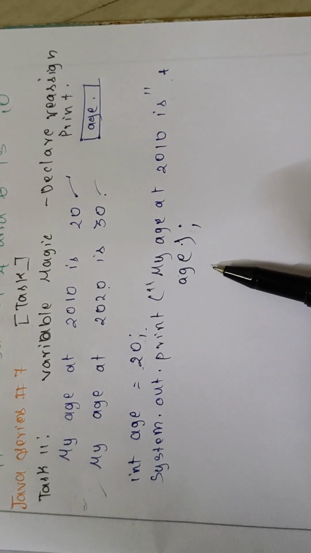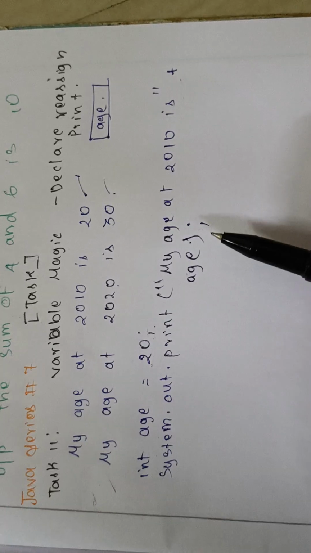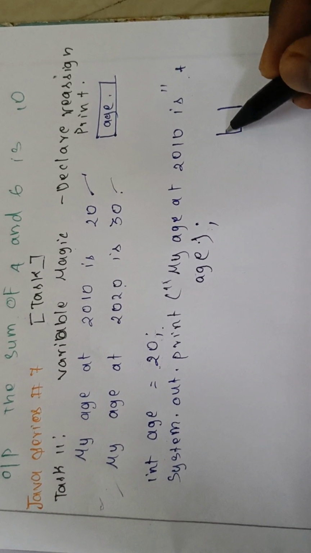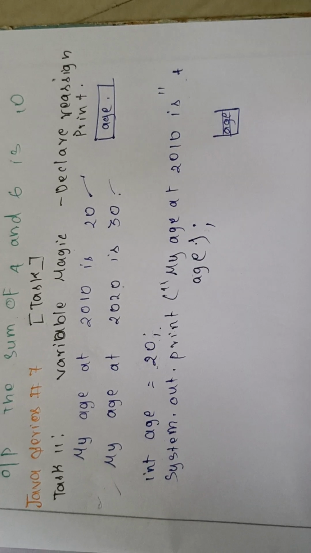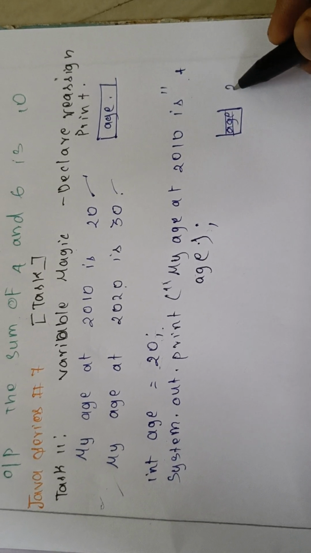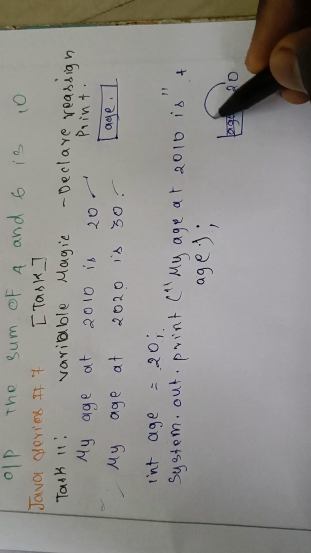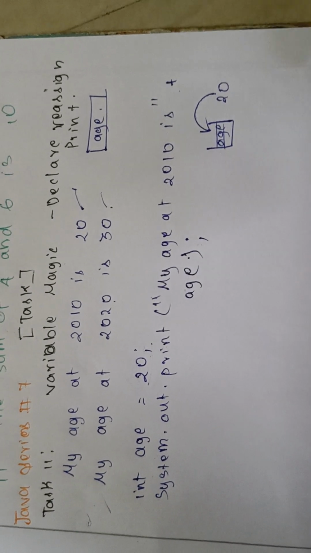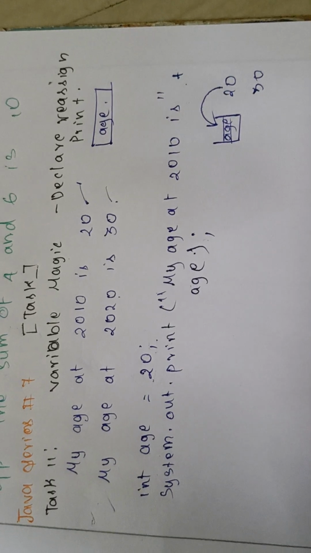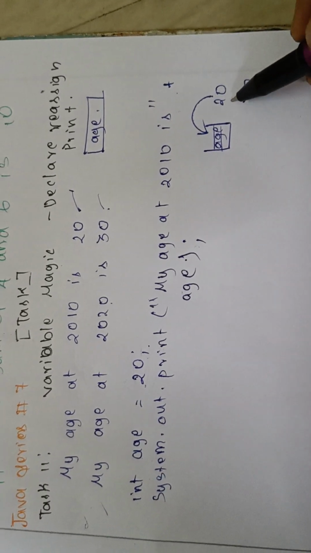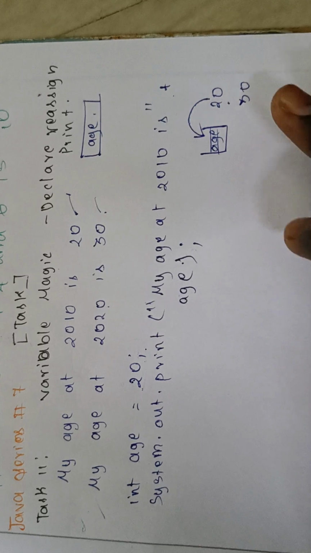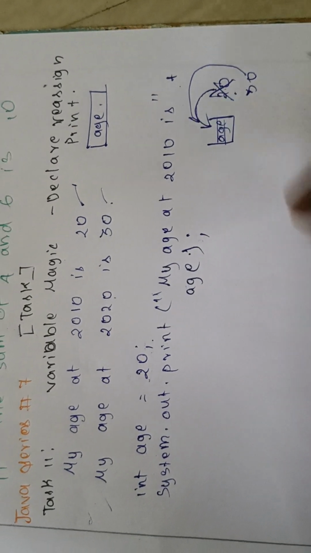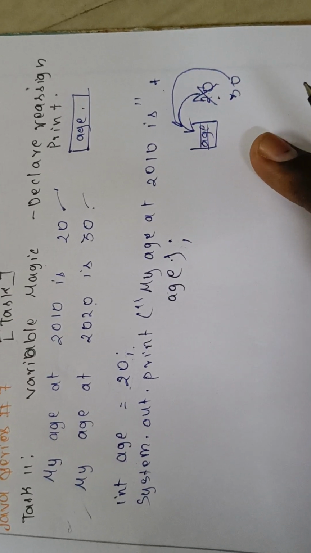Now the second thing is you have to update. For example, if you have a box named age, and you have stored 20 in the box, that's fine. Now I need to store 30. What should you do? You have to remove this 20 and store 30 in the same box.